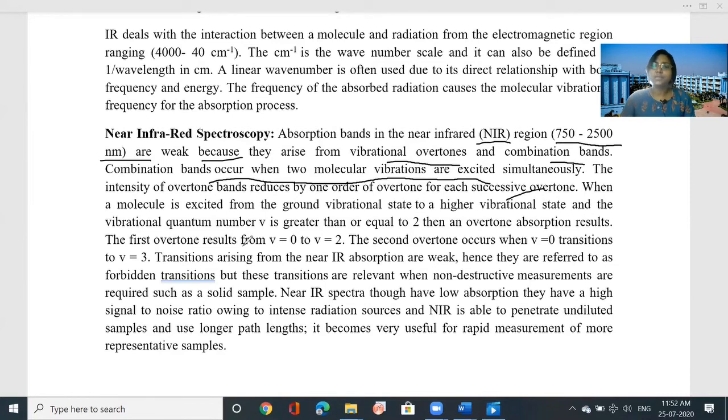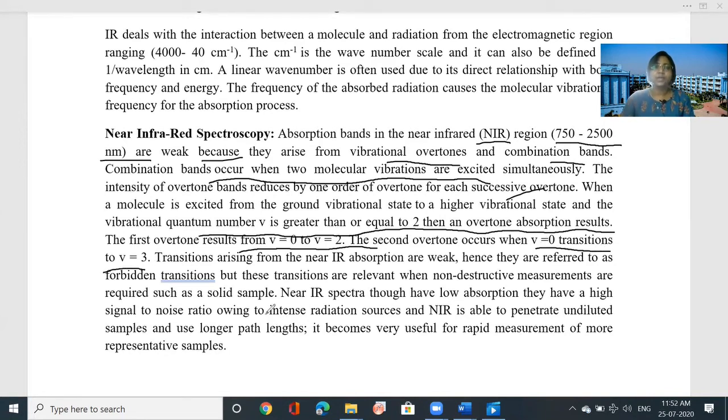When a molecule is excited from the ground vibrational state to a higher vibrational state, and the vibrational quantum number v is greater than or equal to 2, then an overtone absorption results. The first overtone results from v = 0 to v = 2. The second overtone occurs when v = 0 transitions to v = 3.